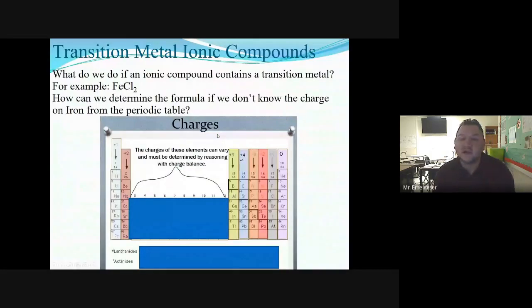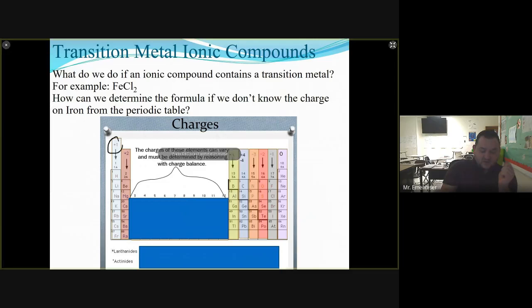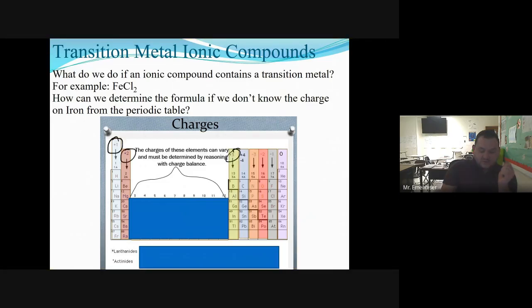Okay, so now let's get to new stuff. What do we do if an ionic compound contains a transition metal? For example, FeCl2. Well, if we look at what we've learned so far, we know that groups here are +1, +2, +3, +4, and so on. But iron is right here.